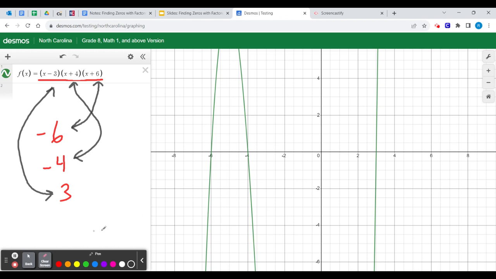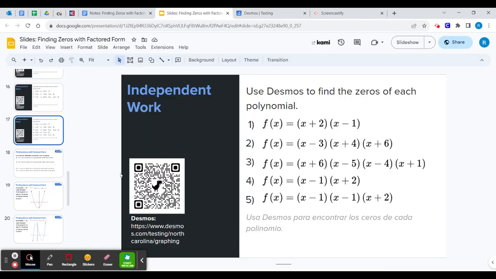So the key takeaway from this explore exercise is that when we have a factor with x minus a number, we'll have a 0 at that positive location. When we have a factor that has x plus that number, we'll have a 0 at that negative location. If you want to solidify that idea further, go ahead and graph the rest of these factored forms.